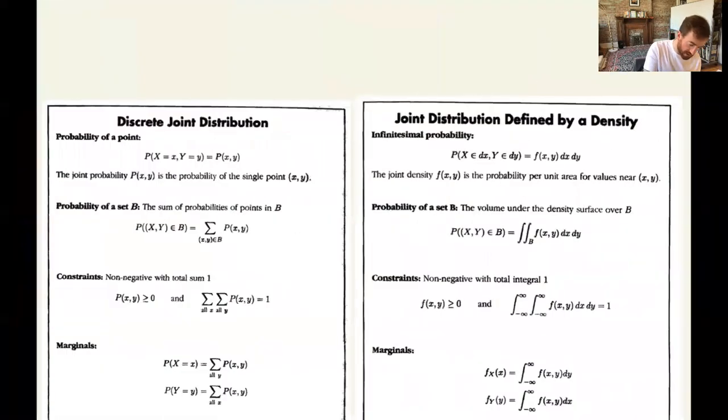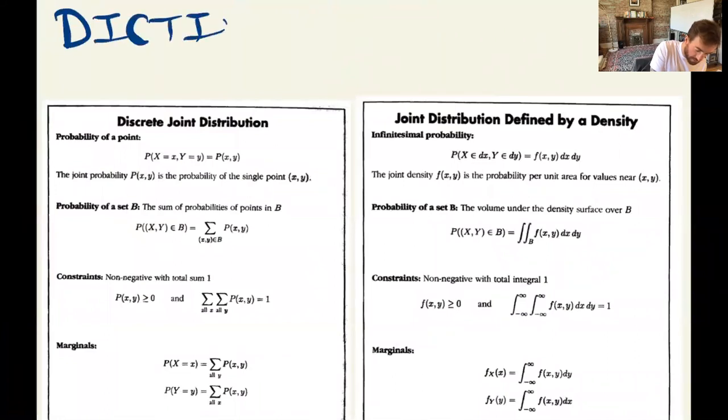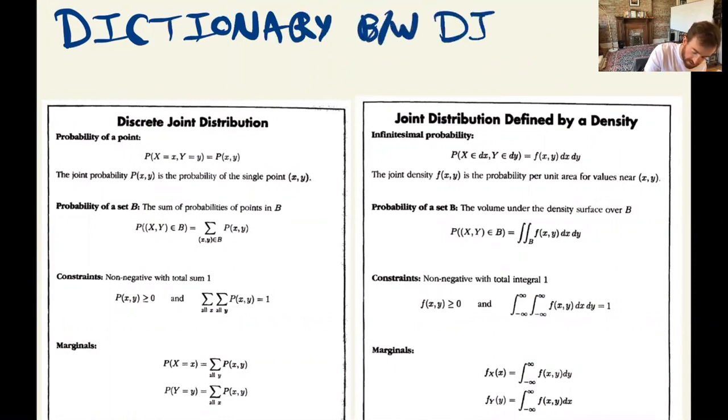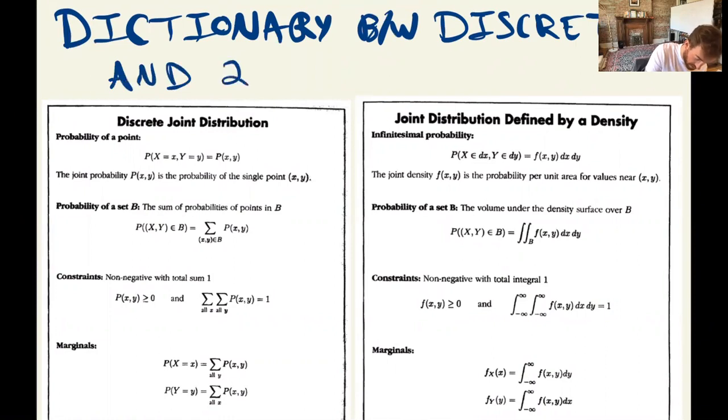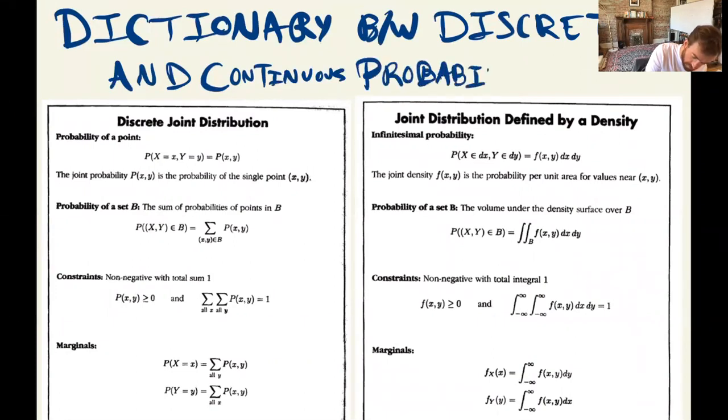All right, so let's get at what is the dictionary between discrete and continuous probability in the case when we have 2 or more random variables.